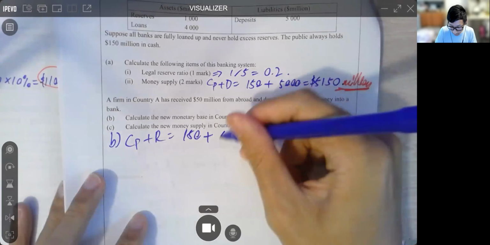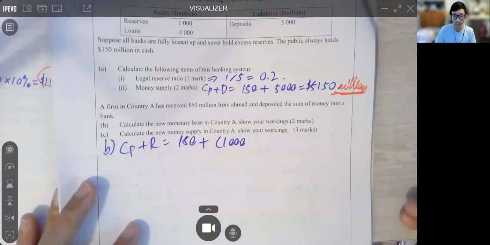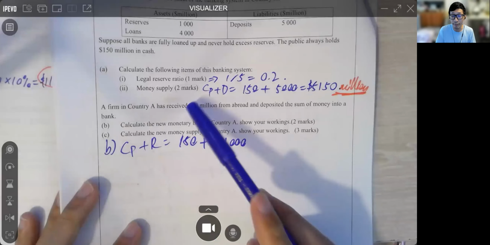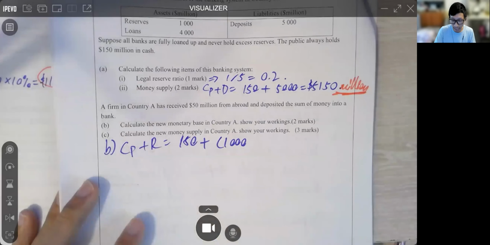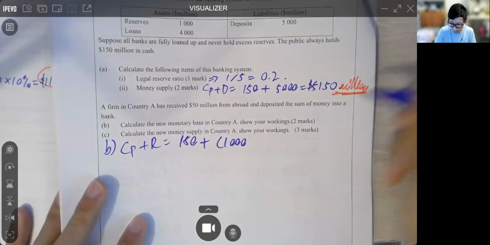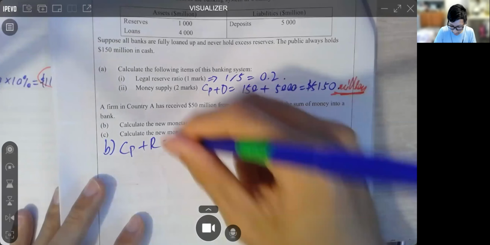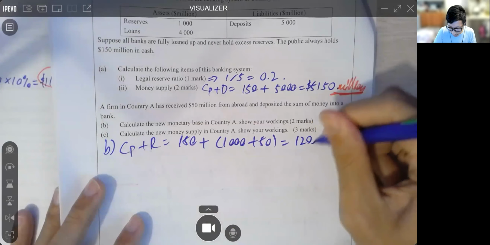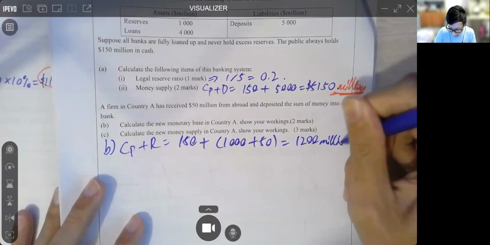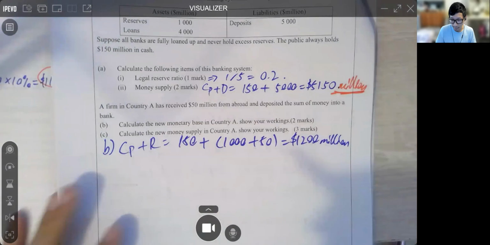Reserve used to be this amount, right? But now we have 50 million injected into the system, therefore plus 50. And that should give us 1200 million. Okay, that will be part B.